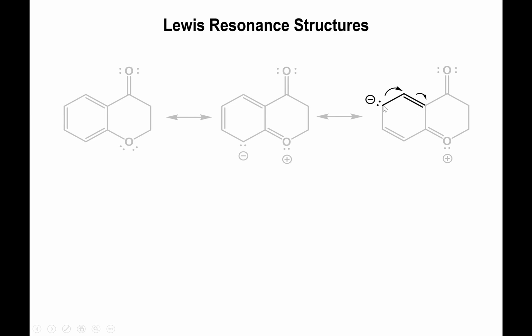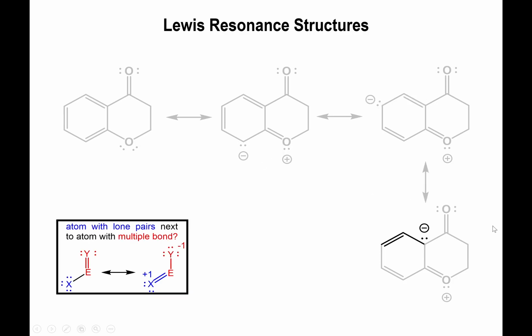So notice the sequence: 1, 2, 3 carbons. And also notice that when we actually move the electrons to reform the new multiple bond and form the new lone pair on carbon, also the charge is swapping from the first position to the third position, and that's kind of the case in every single structure here.